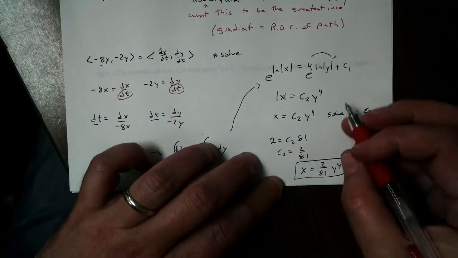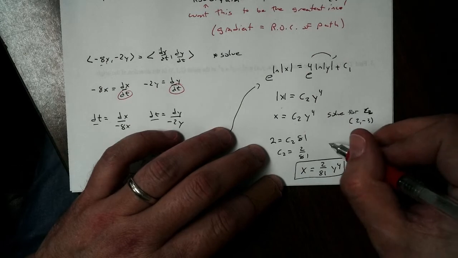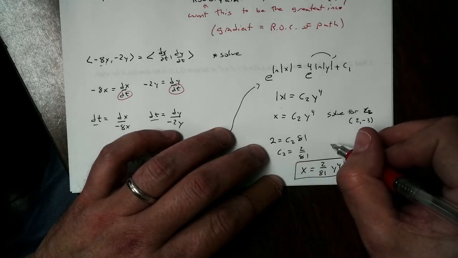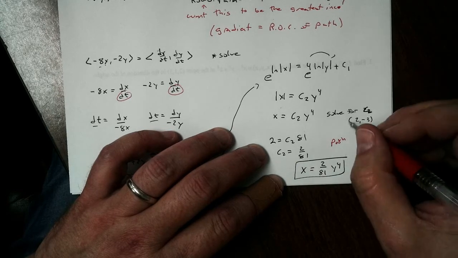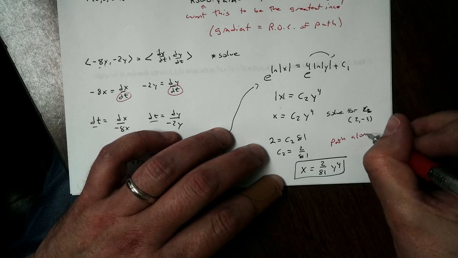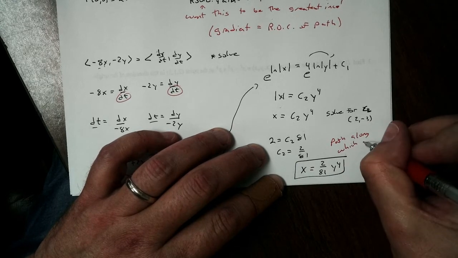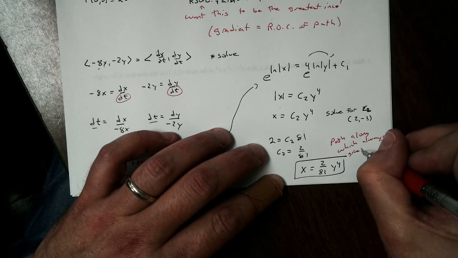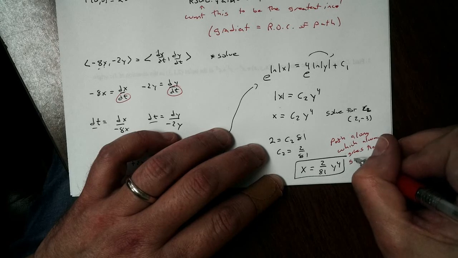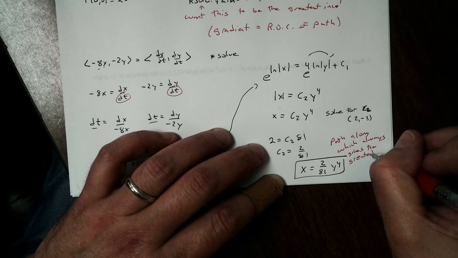Notice this is a sideways facing parabola, and this is the path along which the temperature always gives the greatest increase.